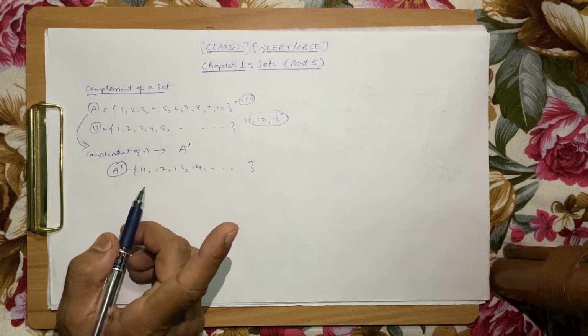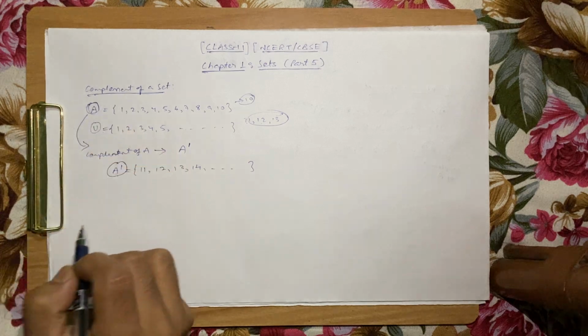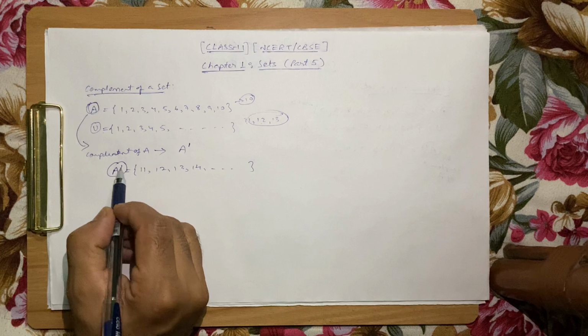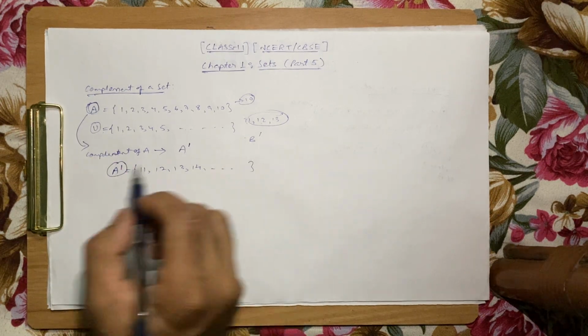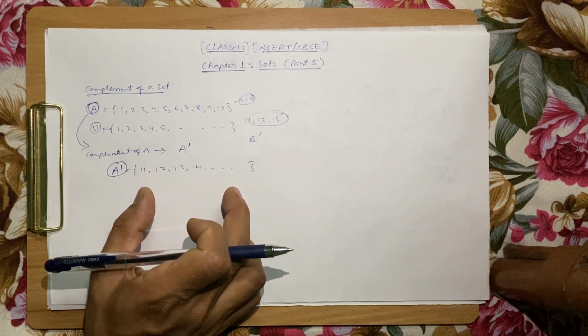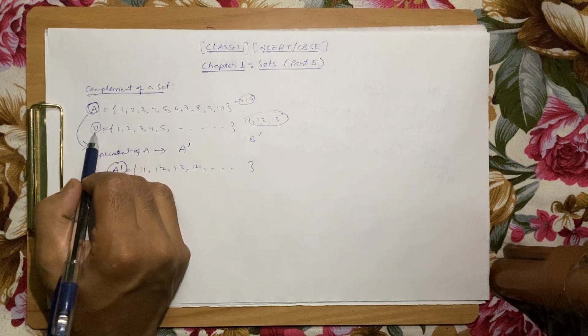So always remember, whenever we say complement of a set, let's say of the set A, then the complement of A is denoted by A dash. If it's B, then it will be denoted by B dash. And this A dash is the set of all the elements that are not present in the set A when we compare it with the universal set.